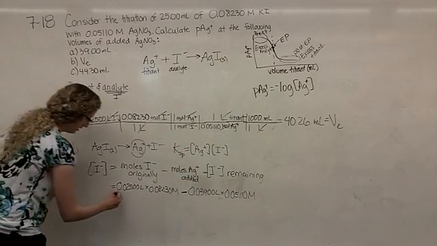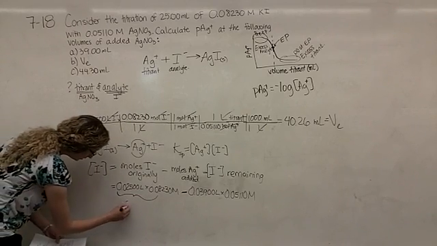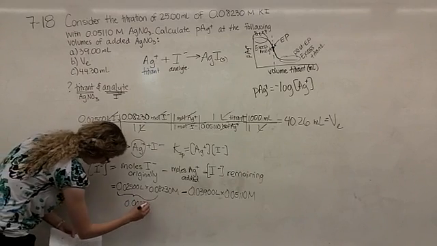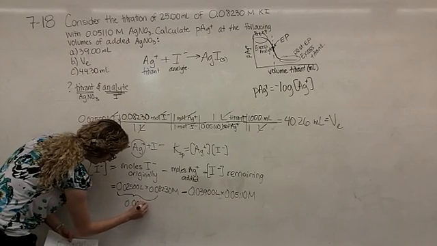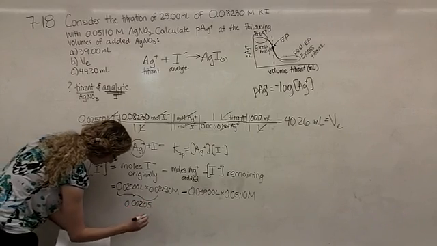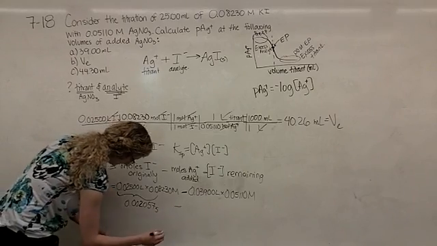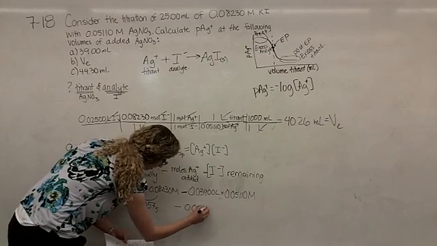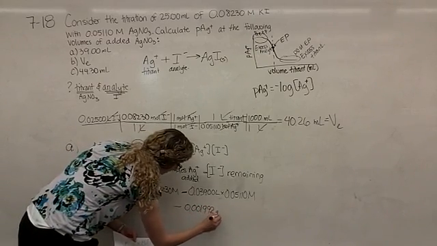And then this gives you 0.0025575 minus 0.001999.